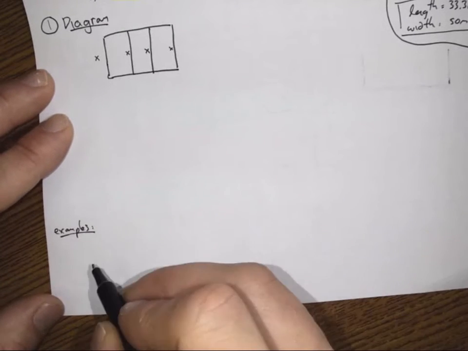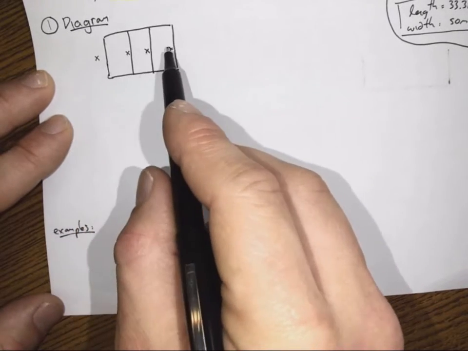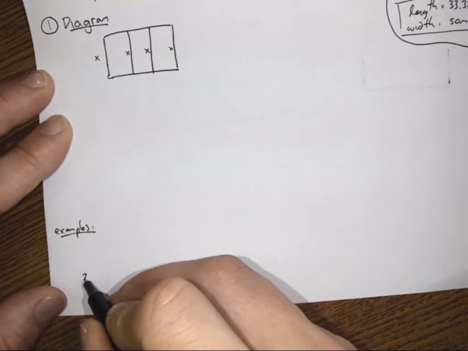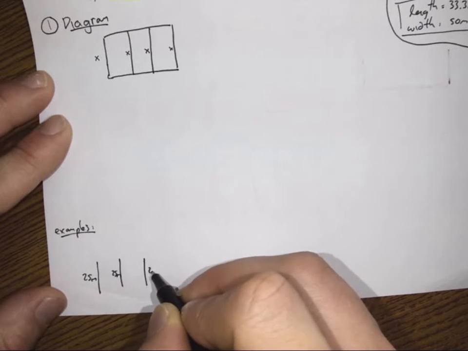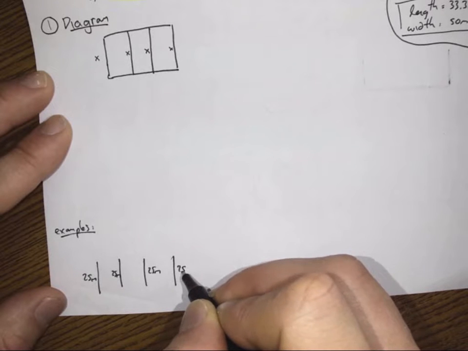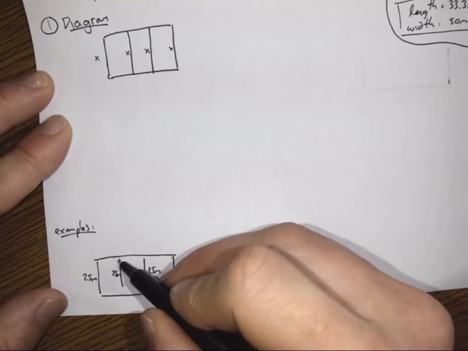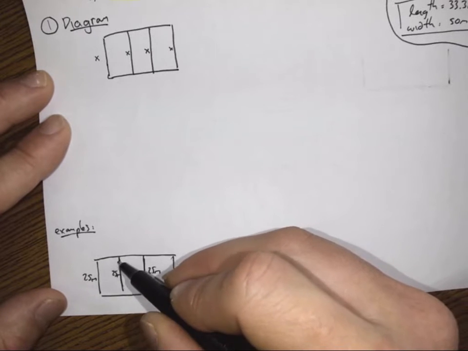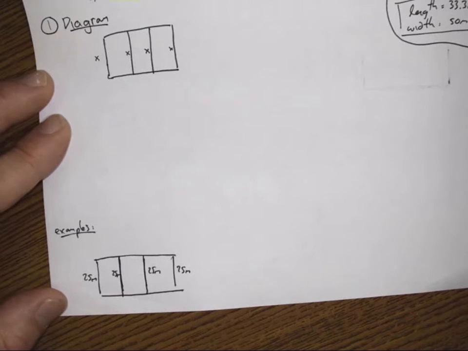All right, so I'm going to choose a random side length. Maybe something easy for me to think about is 25 meters. And 25 meters, 25 meters, 25 meters. I chose that because I know those add up to 100 in the same way that 4 quarters add up to $1. That means I have 100 meters left.